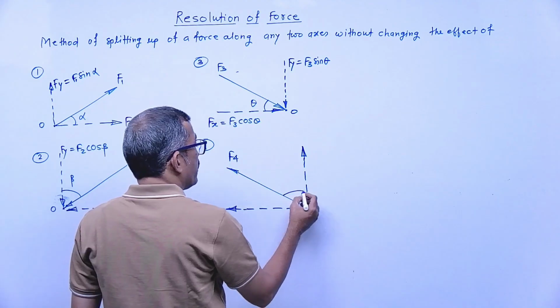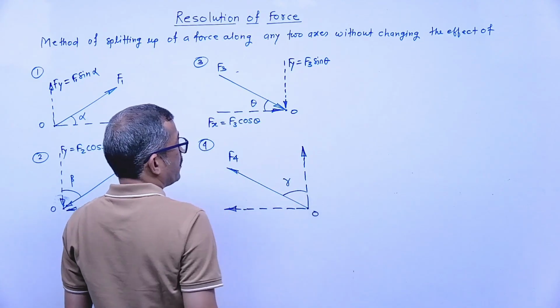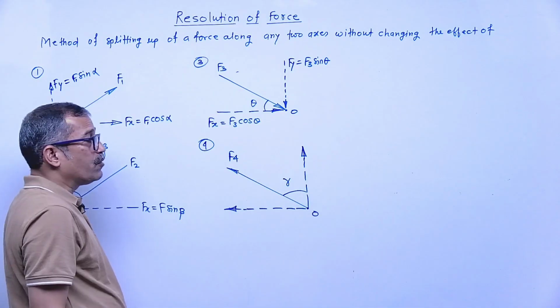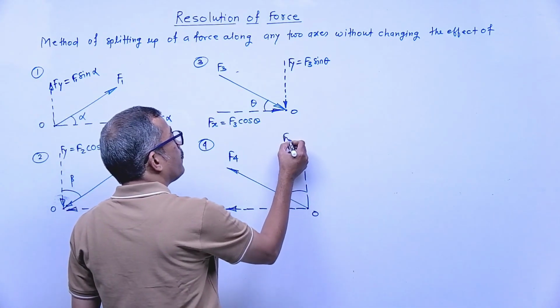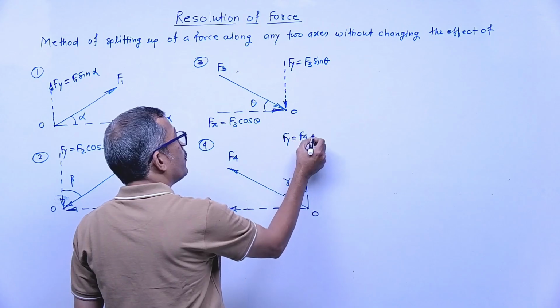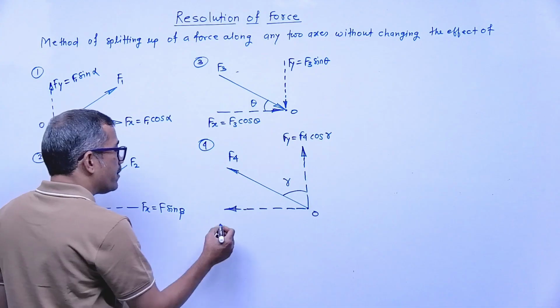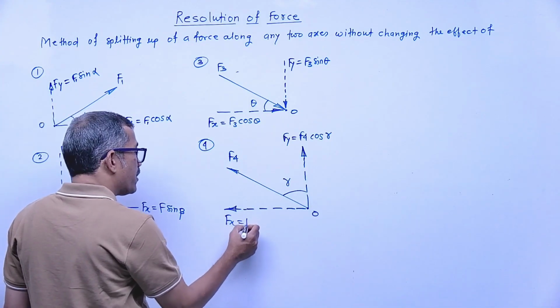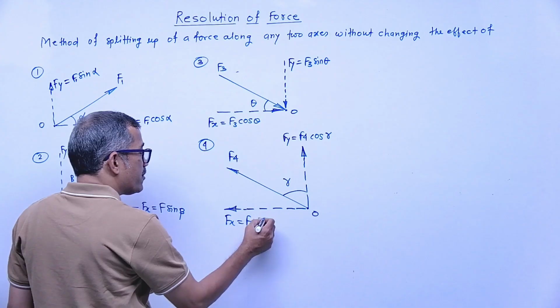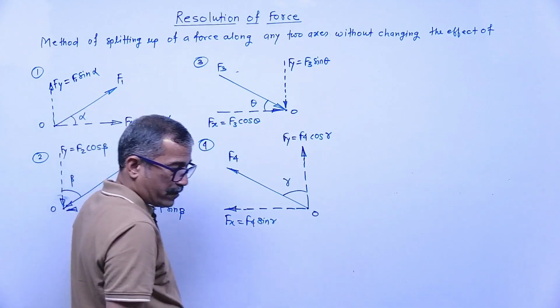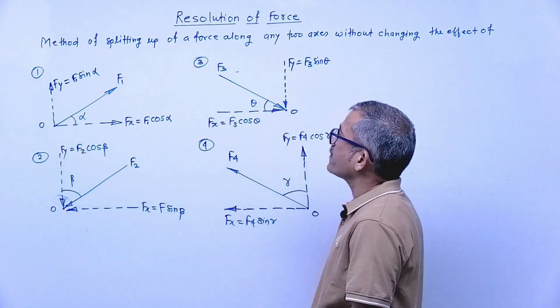Angle is given gamma with vertical. So the vertical component becomes F4 cos of this gamma, and Fx is F4 sin of gamma. All of you getting? Yes.